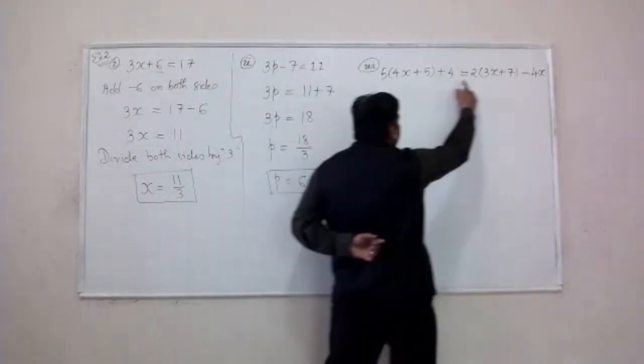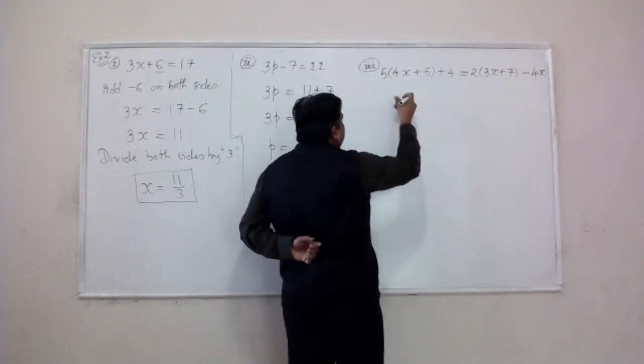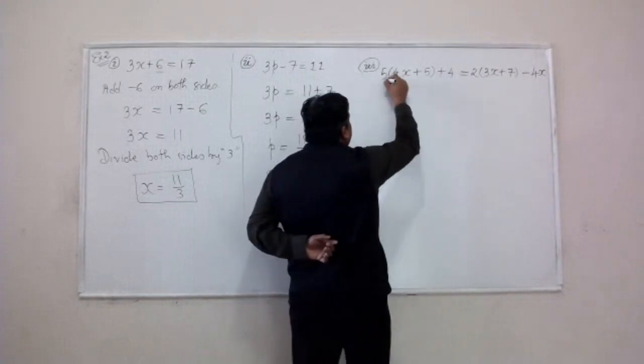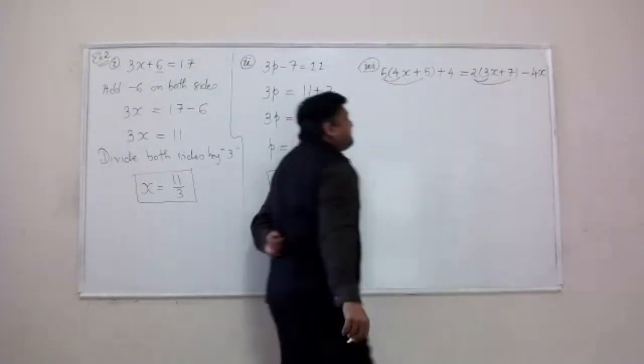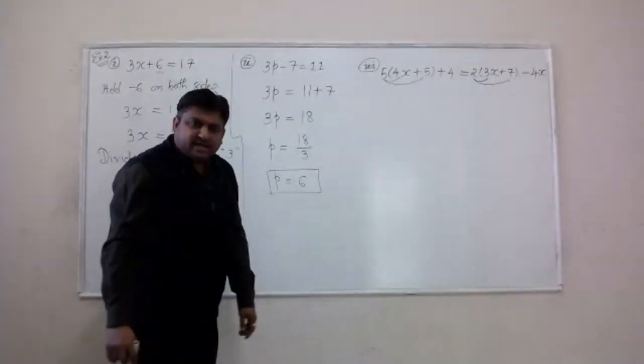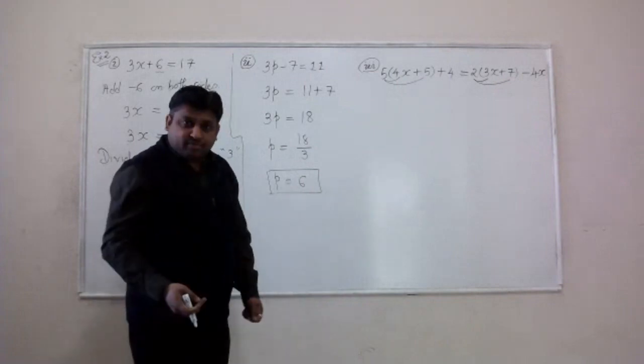So this is also a linear equation. However, in order to solve it for x, I have to use the distributive property on the left and the right side, and then I have to deal with the like terms on both sides.